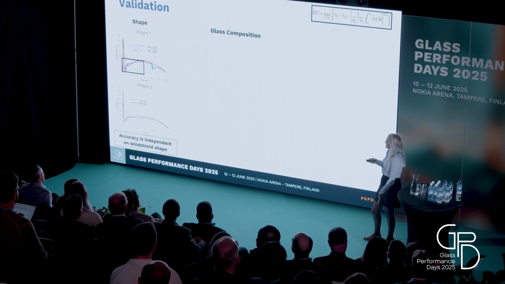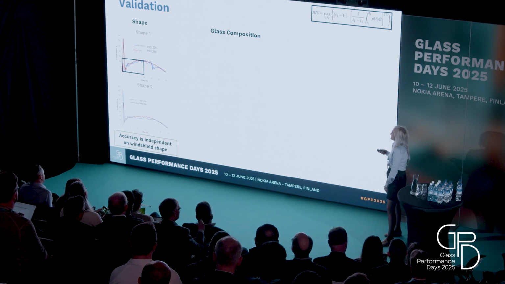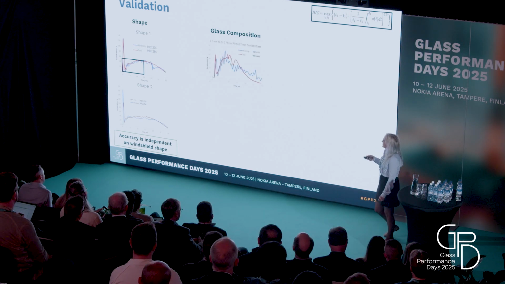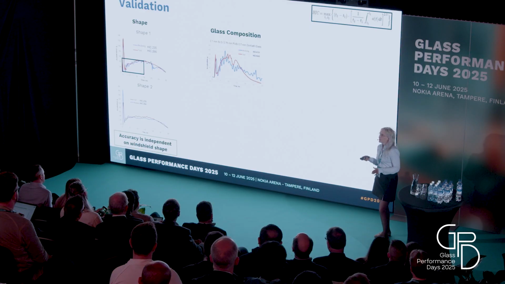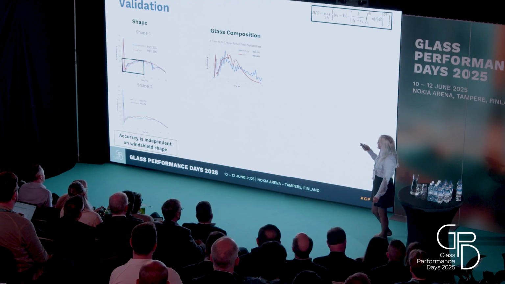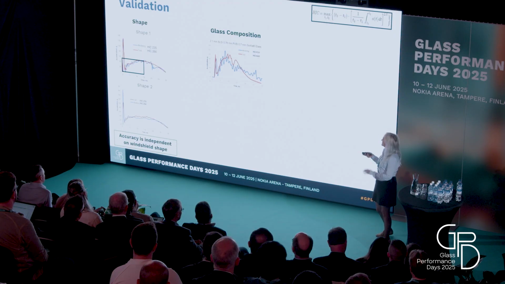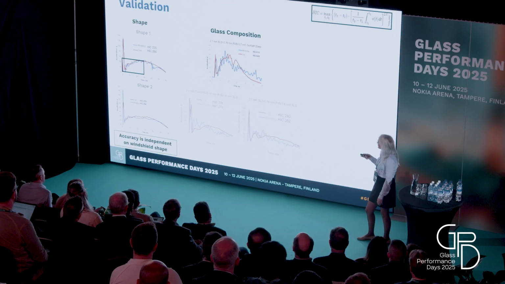Another validation point is glass composition. How does this model work for different glass compositions? Here is an example for a 2.1 soda lime outer ply with a 0.7 Gorilla Glass inner ply. And again, we see nice agreement between modeling and experiment in both curve shape and head injury values.